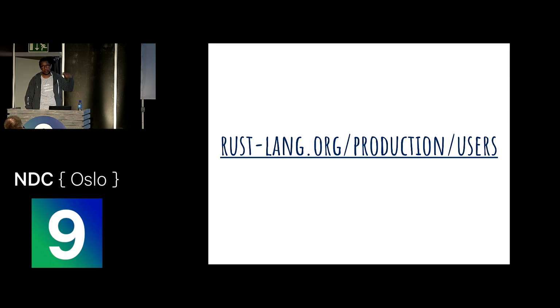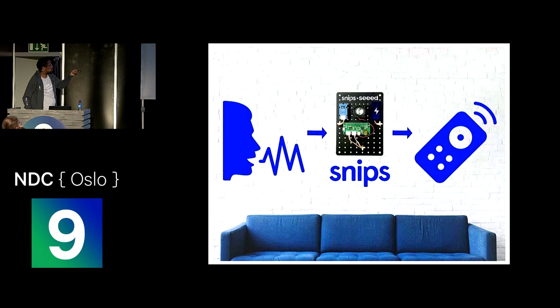You have people building storage engines, databases, web servers, and stuff like this. There's a lot of things being done, and this is a place where you can see the companies that are using Rust and what they are using it for. I work for Snips, and we use Rust for embedded development, and it has worked really great for us.